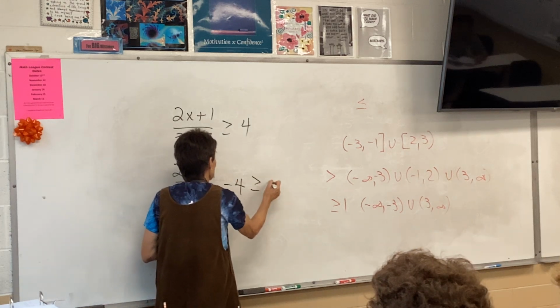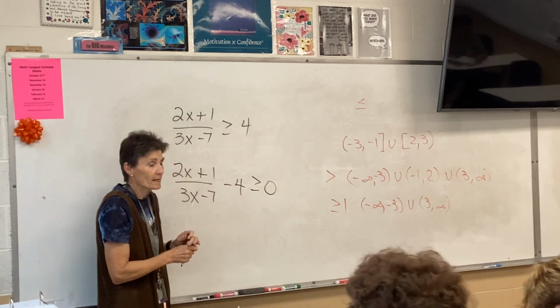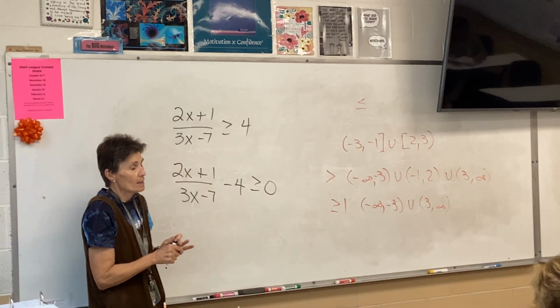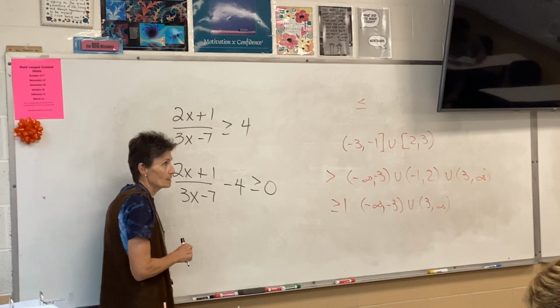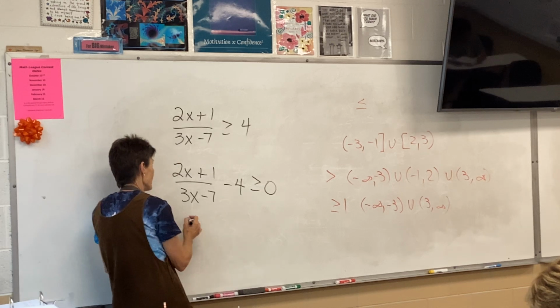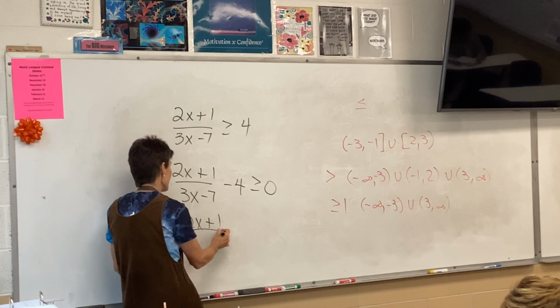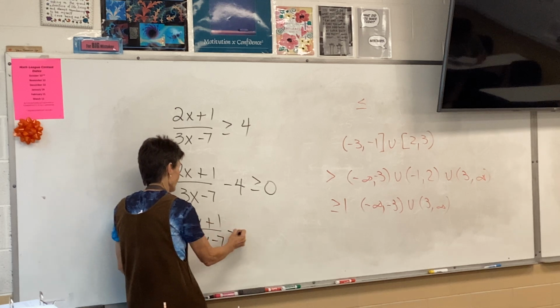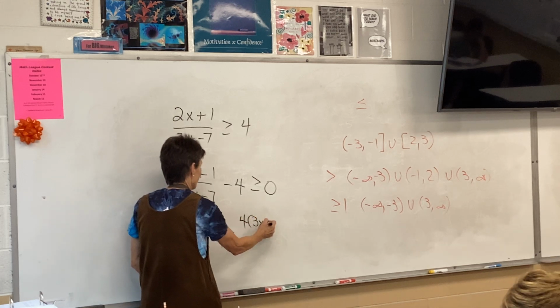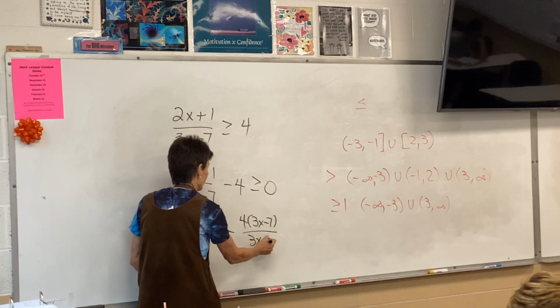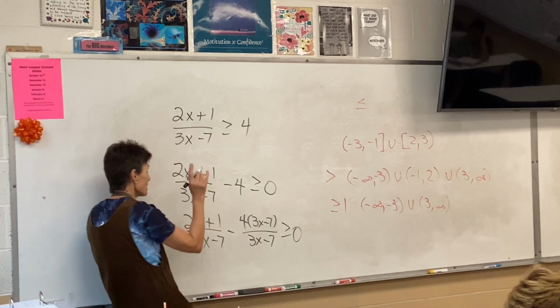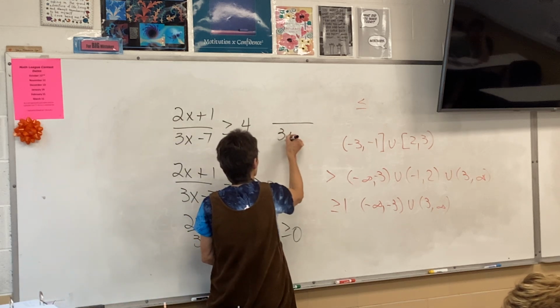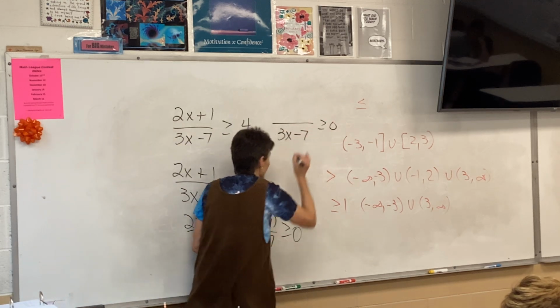This is how you're going to get your 0. You're going to get your 0 by subtracting 4, and then building a common denominator so that you can create one fraction greater than or equal to 0.